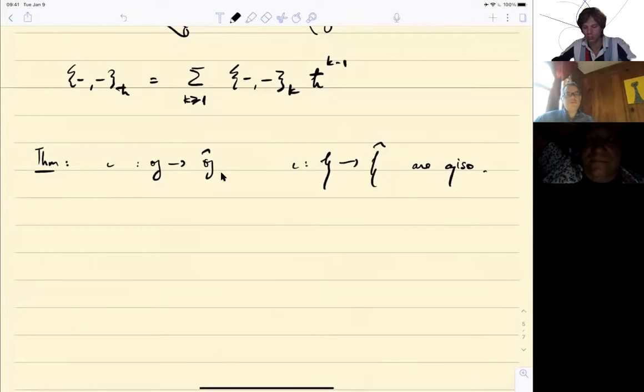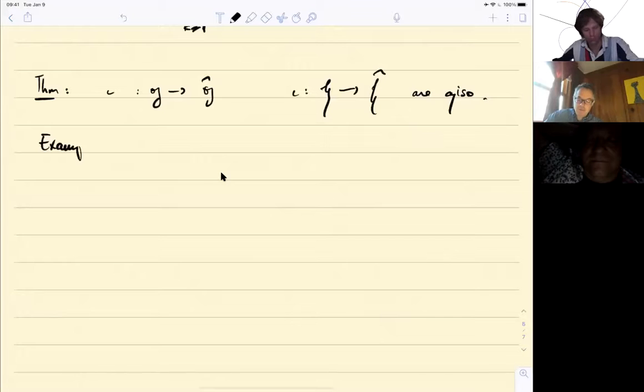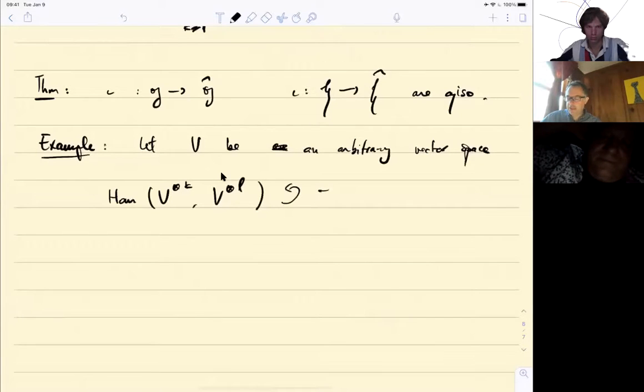So I'm not going to try to prove this. It is not extremely difficult, again, but I want to give you an example to try to bring this down to earth, which is a much simpler construction, because it doesn't have a circle action. So if I let V be an arbitrary vector space, and I'm looking at hom of V tensor k to V tensor l, this carries an action of sigma k cross sigma l.